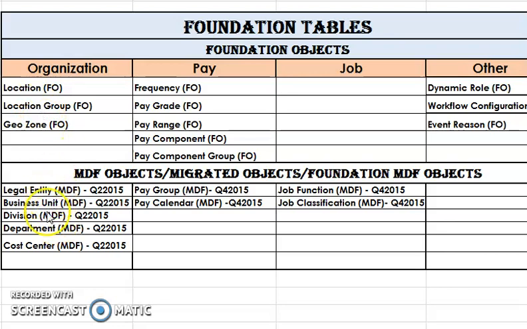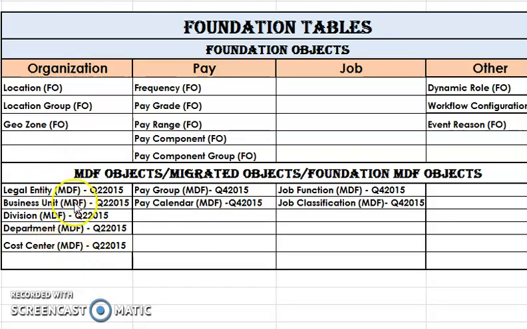But if you want to do any configuration for the migrated objects, that is legal entity, business unit, division, department and cost center, which are migrated to MDF, we can configure these by using Configure Object Definitions, without the data model.